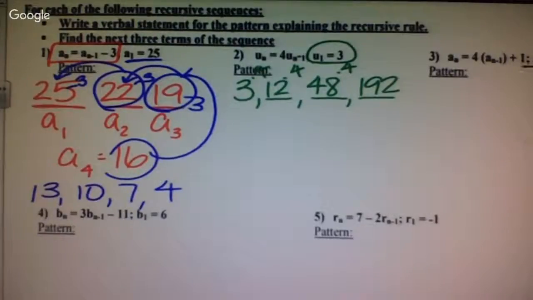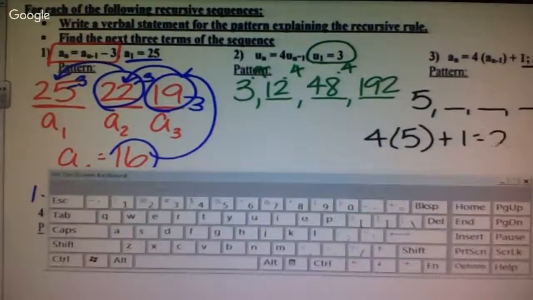Okay, my next sequence starts at 5. I need to come up with the next 3 numbers. According to my equation, what do I need to do to 5 to get my next number? Multiply by 4 and then add 1. 21.